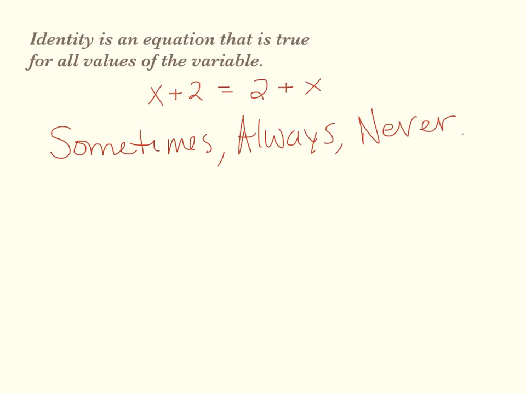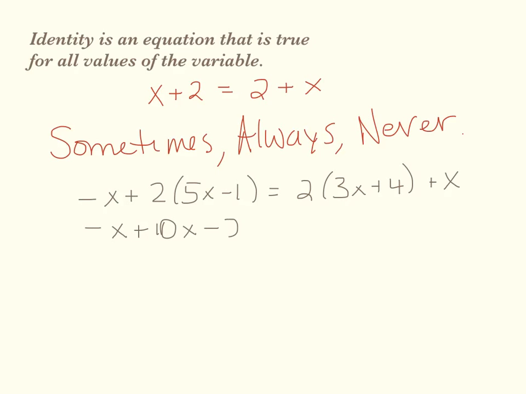Let's try this one. Minus x plus 2 times 5x minus 1 is equal to 2 times 3x plus 4 plus x. If you want to pause it, go ahead. I'm going to run through it. Minus x plus 10x minus 2. I distributed the 2.